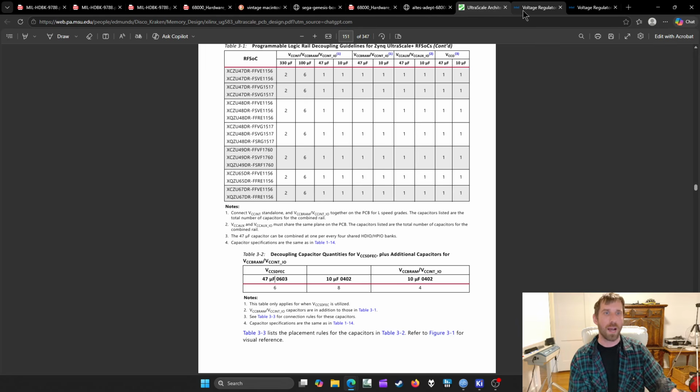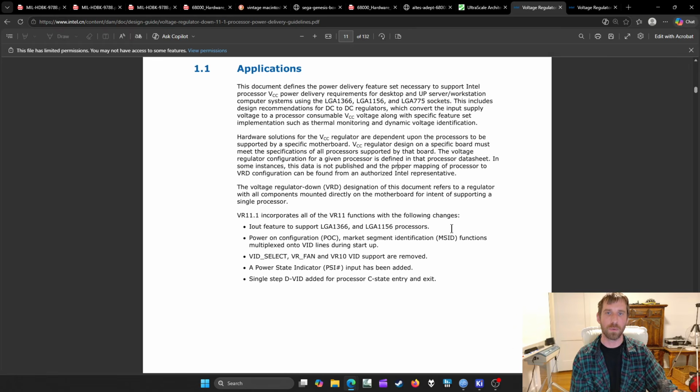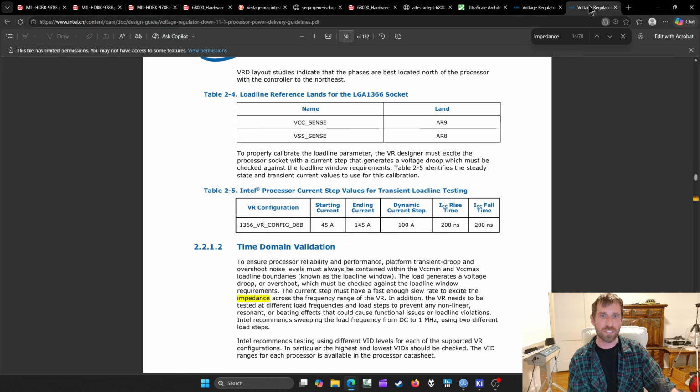So, but I wanted to go even higher. So this is for motherboards for Intel processors. This particular thing is about, is there a date on here? Well, whatever. If we go to the top, it's 2008, 2009 vintage. So once you get into this, so look at this. Dynamic current step, 100 amps, and you need to be able to do 100 amps within 200 nanoseconds.